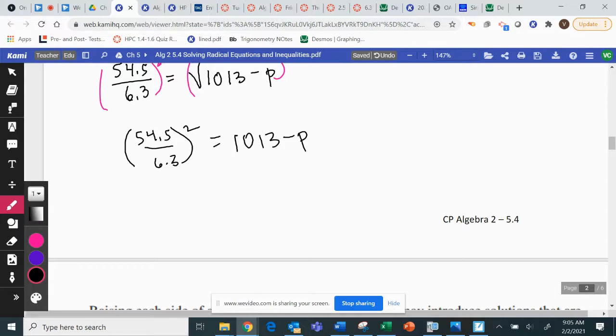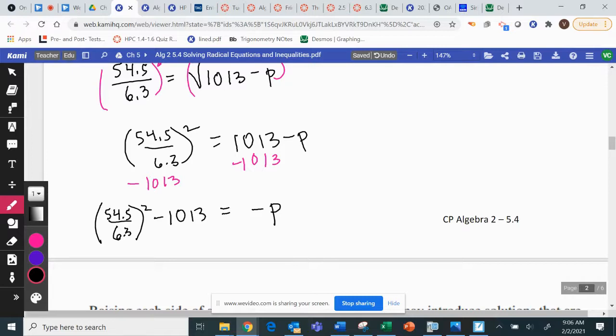Ari, what do I need to do now? Okay, we're going to subtract it because it is a positive number. Does that say P equals? Ashley, you know how to make it into P equals?